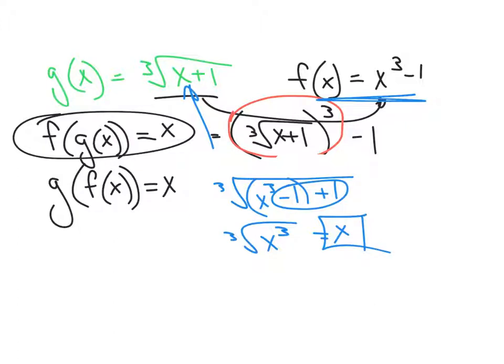Okay? Let's go to finding the inverse of a function. We defined it. We got to where we showed what they were. And now we're going to go ahead and find the inverse of a function. They're really, really easy to find.